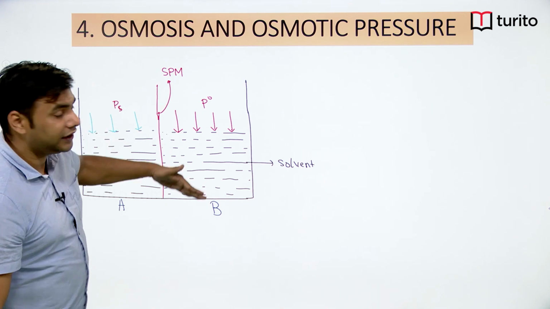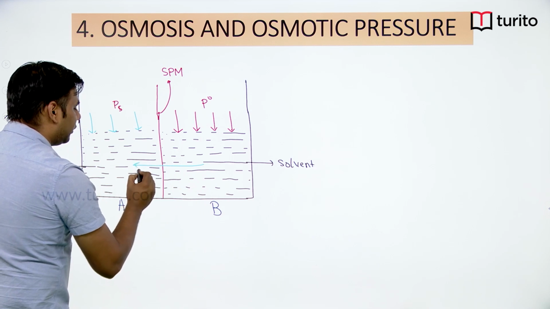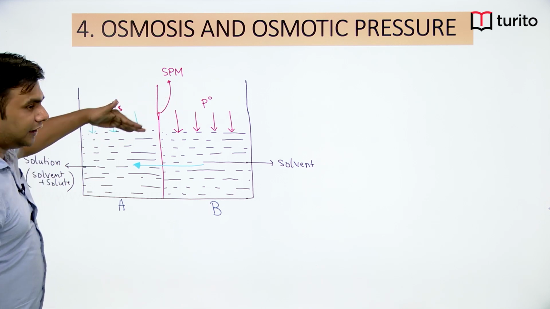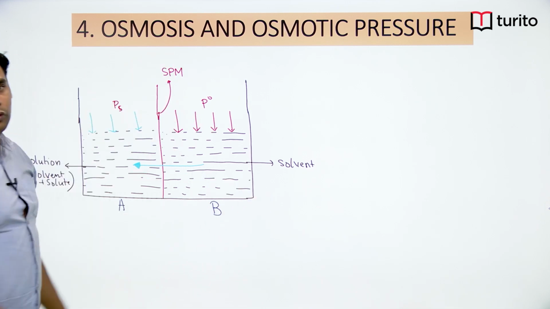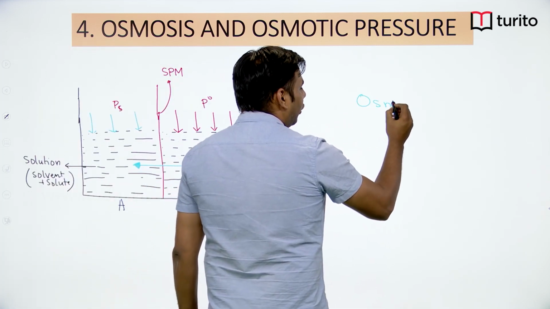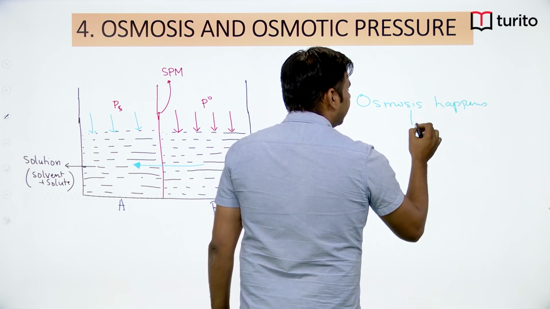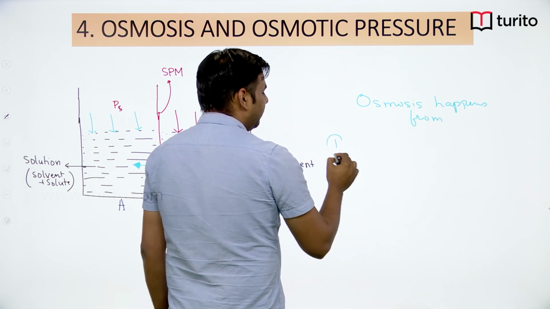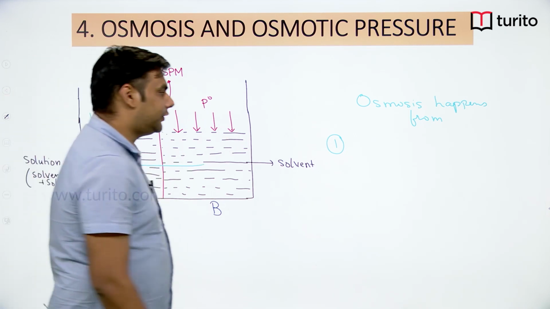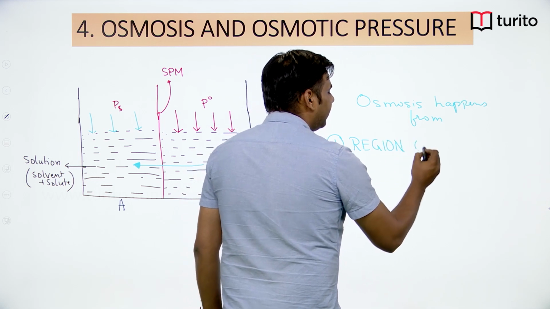Now because the vapor pressure over here is more, what will happen? The solvent can cross this semi-permeable membrane. Because the pressure over here is more and the pressure there is less, this liquid will move to here. So we'll say that osmosis happens, the first important point, from the region of high vapor pressure to the region of low vapor pressure.